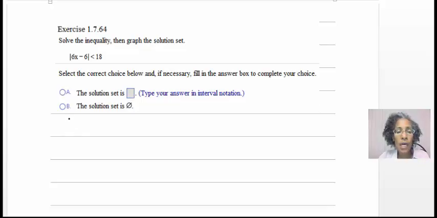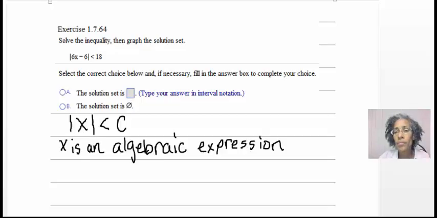So if I have the absolute value of x, which could really represent any algebraic expression, is less than c, and x is an algebraic expression, and c is positive, remember, if c is positive, that means c is bigger than 0.